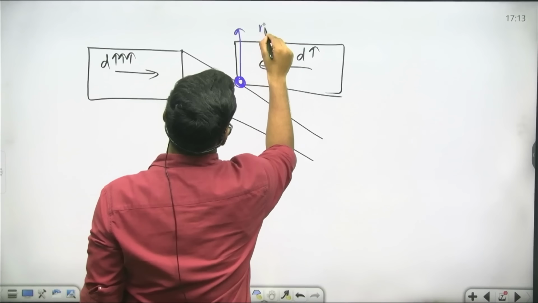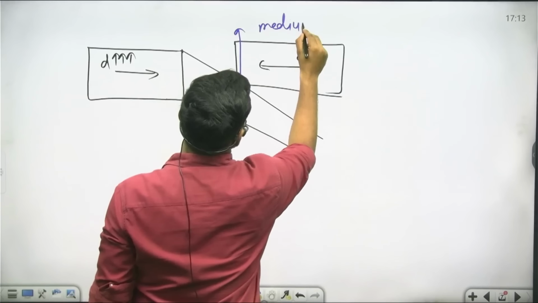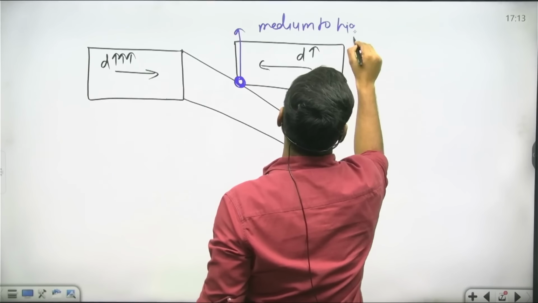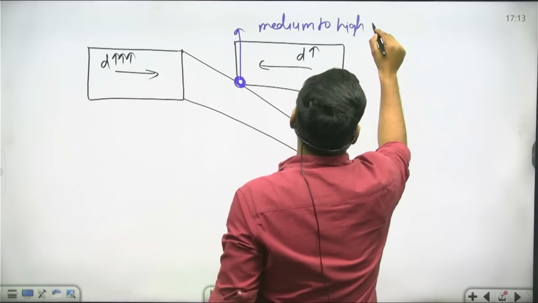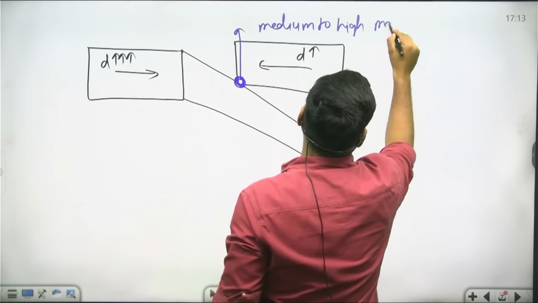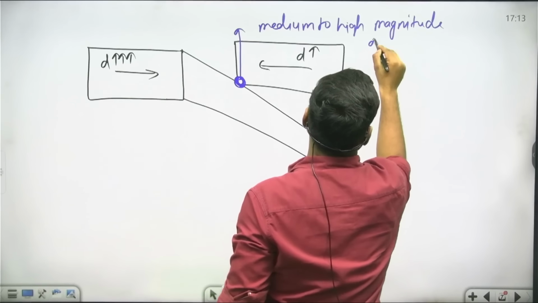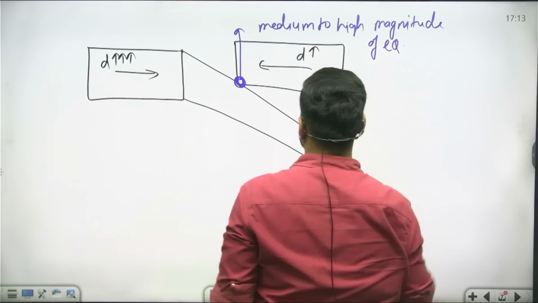possibility of medium to high magnitude of earthquake occurring. तो क्या होगा?